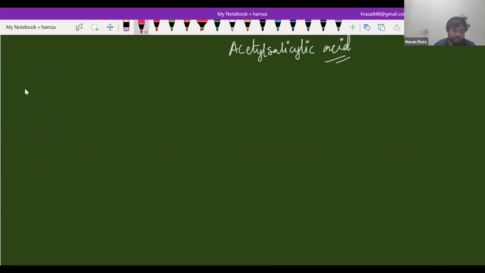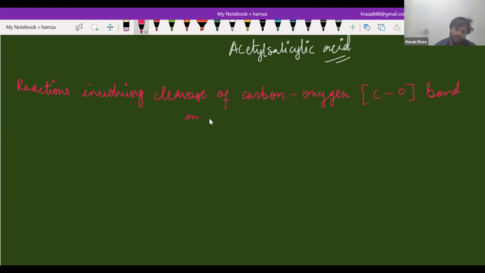Now, this type of reaction is basically reactions involving cleavage of the carbon-oxygen bond, that means basically the C-O bond in alcohols. So write the topic, the second type of chemical reaction.